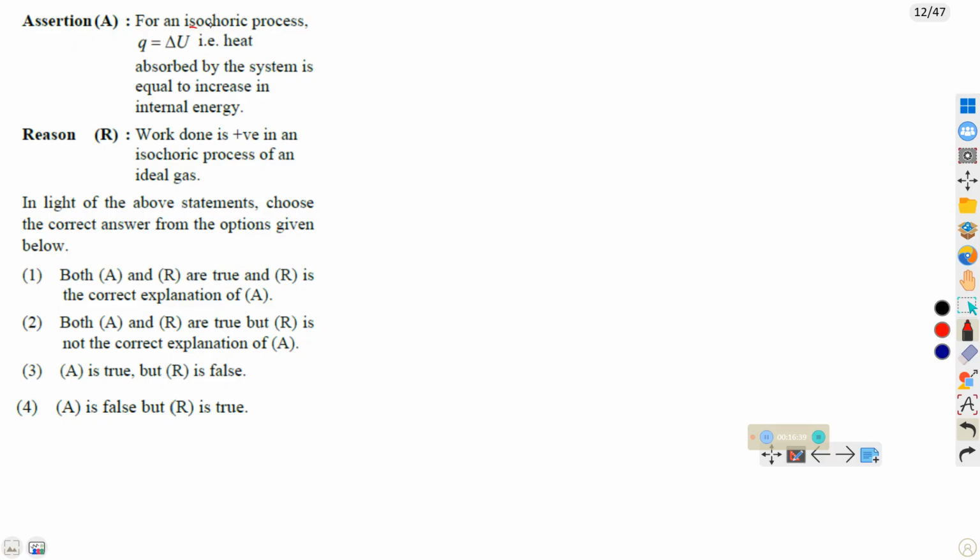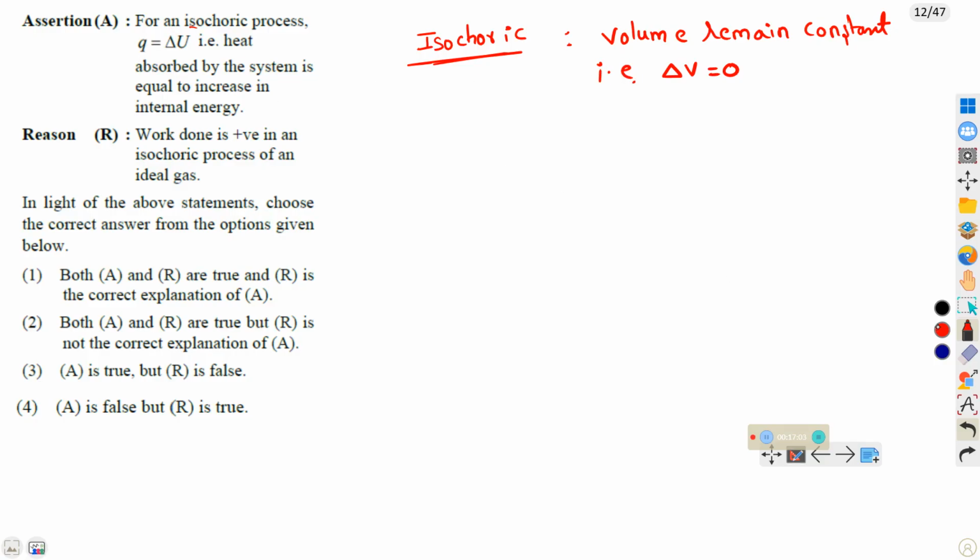For an isochoric process, first of all, throughout the process, volume remains constant. Then the process is considered an isochoric process. Delta V is equal to 0. Q is equal to delta U is given.